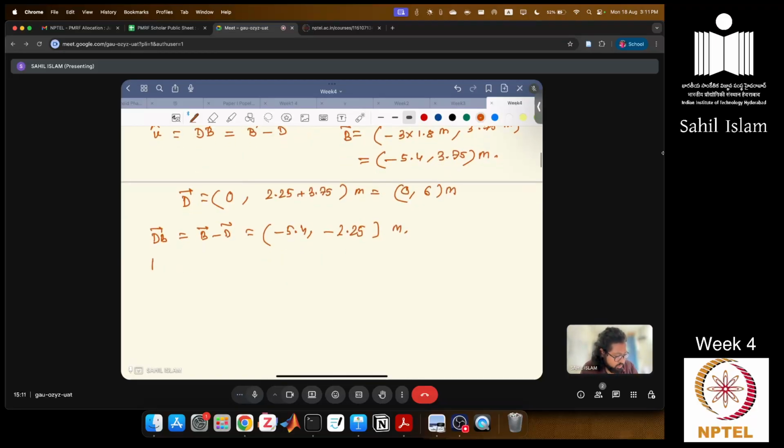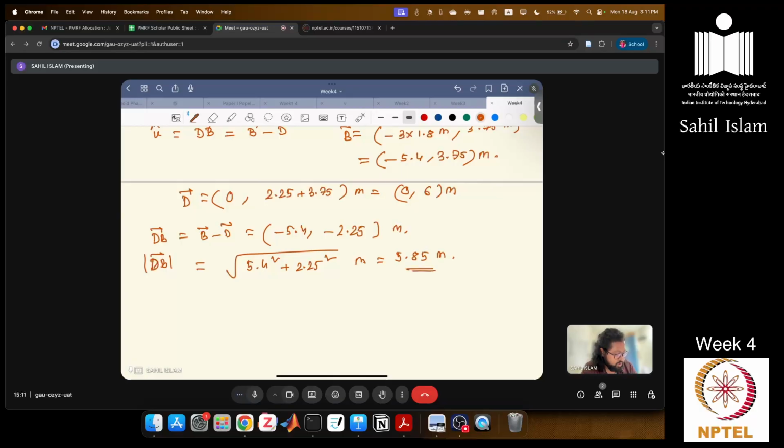Now mod dB is root over 5.4 square plus 2.25 square meter, which if you calculate it gives around 5.85 meter.